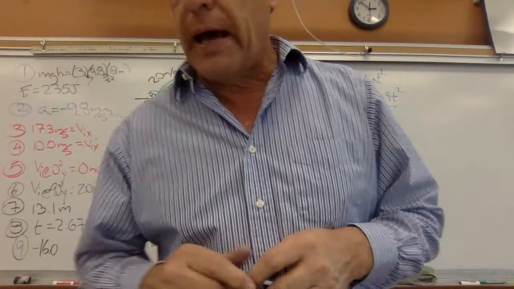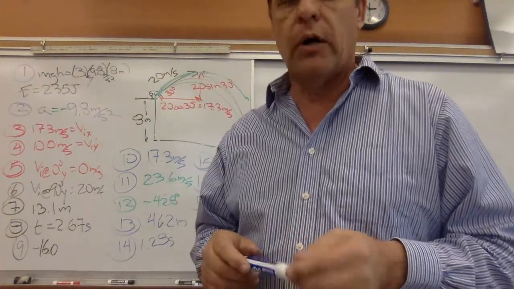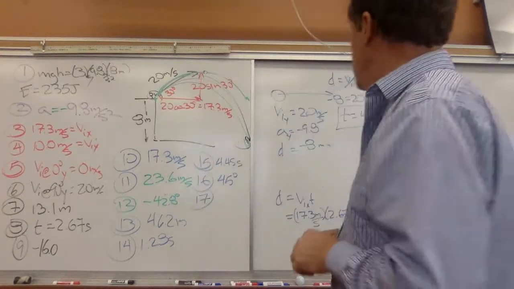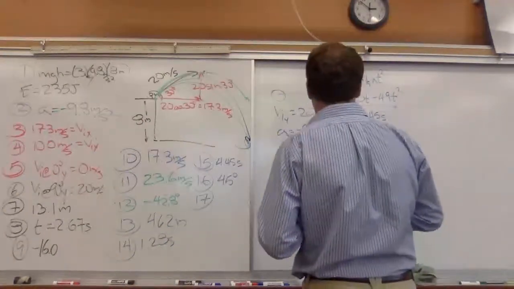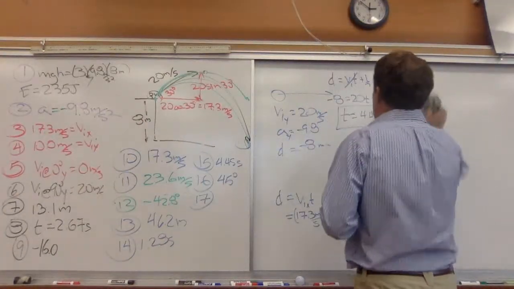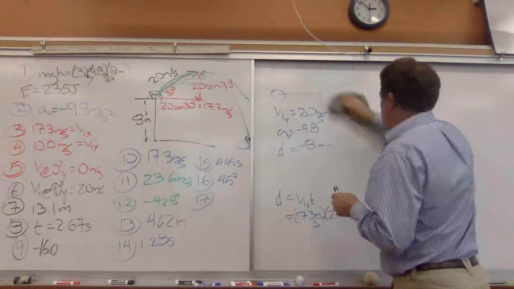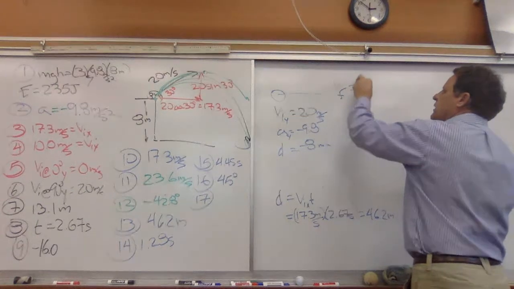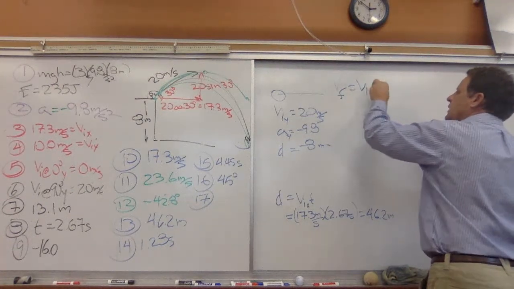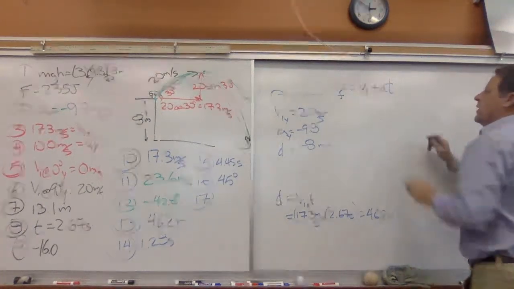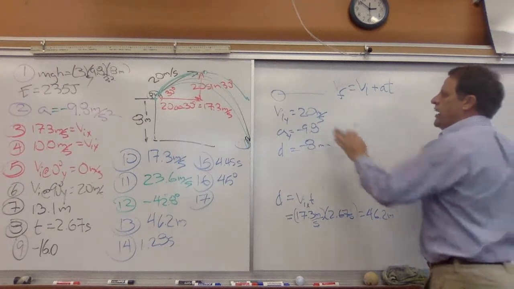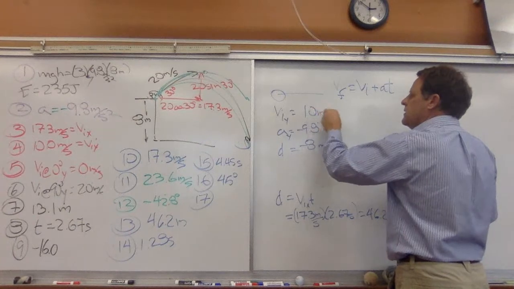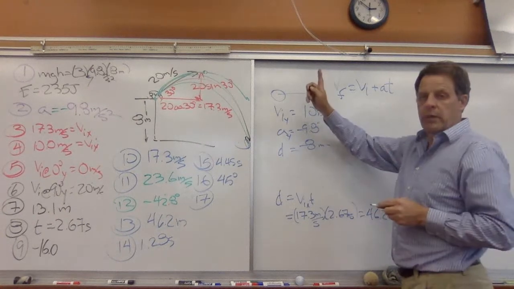And finally, 17. If you're back to 30 degrees, how fast will the ball be going after 1 second? Okay, so we're going to go to the equation where we want to know the final velocity. We know the initial velocity plus AT. So now our initial velocity in the y is 10 meters per second.